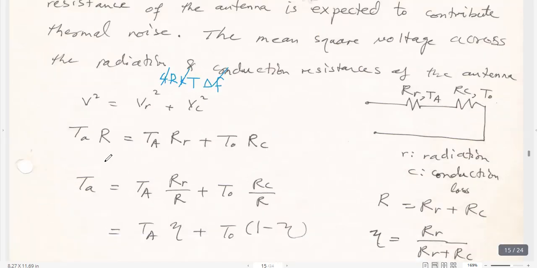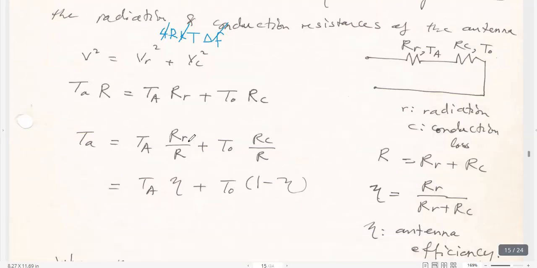If we divide by R, we will get R radiation over R and RC over R. Now by definition, the radiation resistance over the total resistance is the radiation efficiency, eta. And RC is equal to total R minus R radiation.